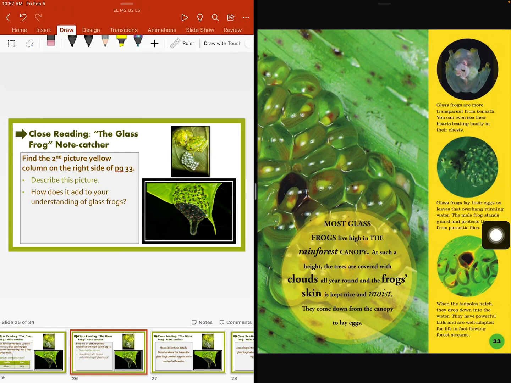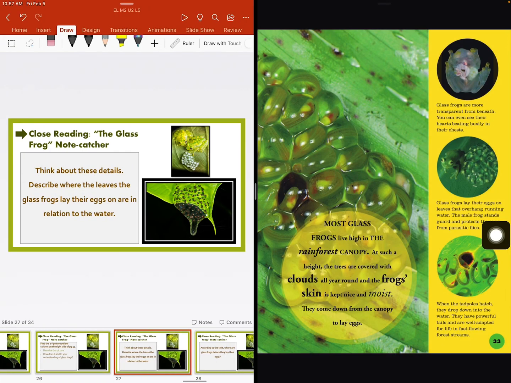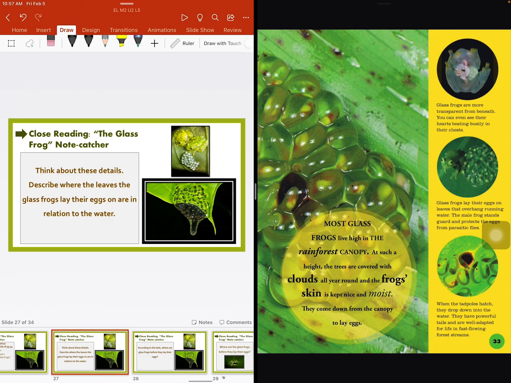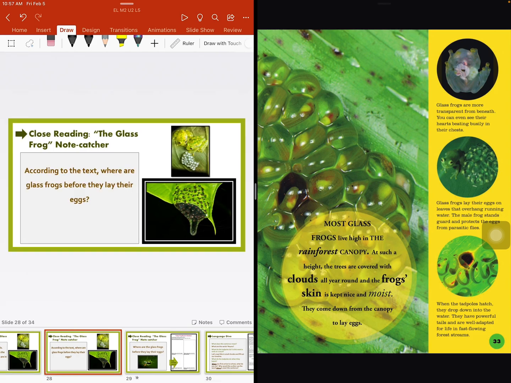Okay, think about the details. Describe where the leaves the glass frogs lay their eggs on are in relation to the water. Well, they're near the running water, right? Because when they hatch, they drop down so that the tadpoles can swim in the water.